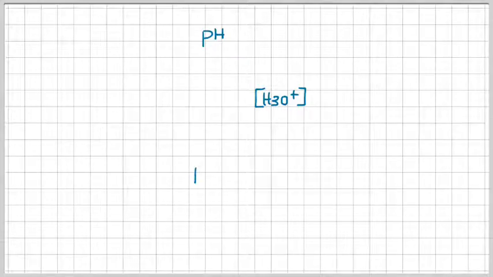We've got the hydroxide ion concentration, and we've got POH. This is not being very symmetrical here. I'm going to move that.